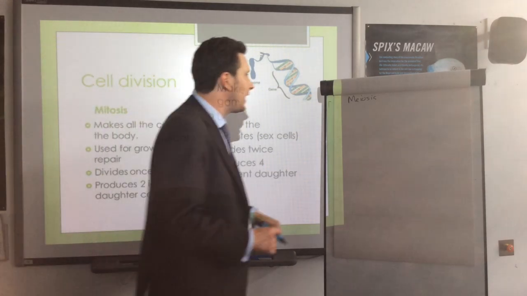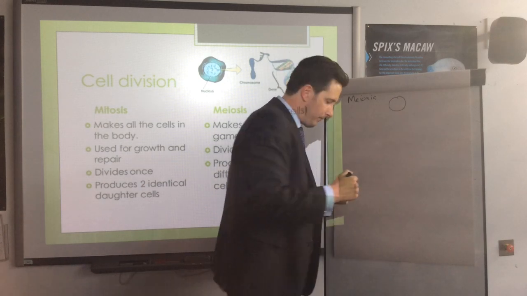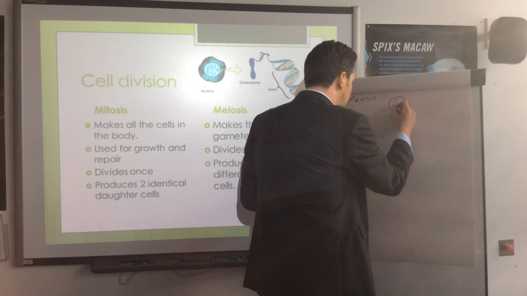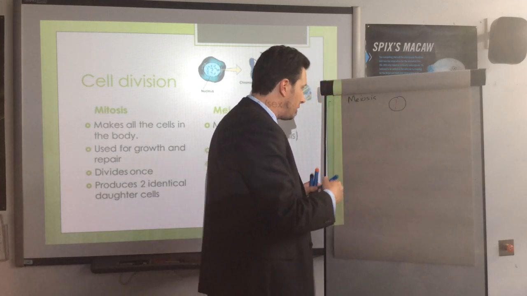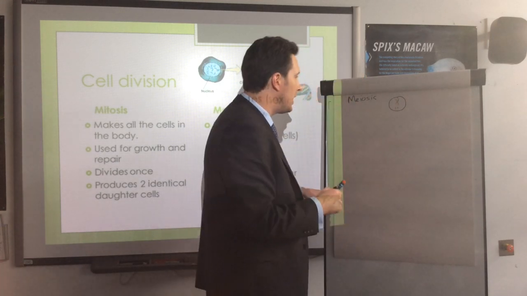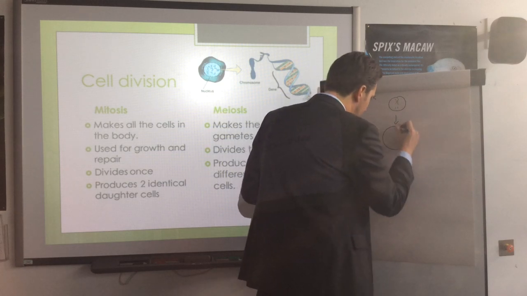Whereas meiosis is a bit different. We've got our cell and our chromosomes in there. The first thing is that it duplicates again, doubles the number of chromosomes, so we've got twice the amount again.